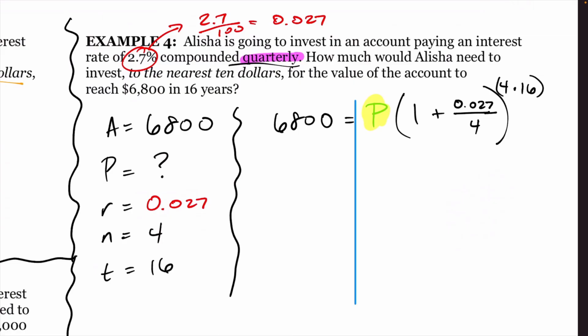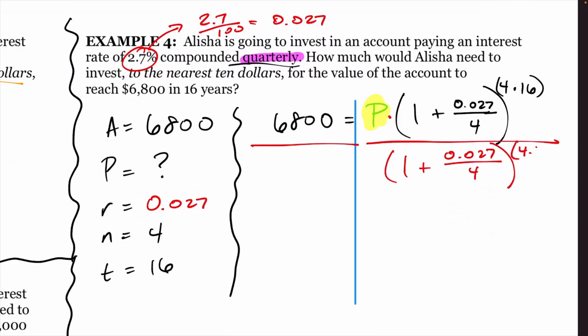How do I get P by itself? Divide, right? Because P is multiplying times the parentheses. Divide. So everything I don't want to stay. 4 times 16. Use your calculator, see what you're going to get.